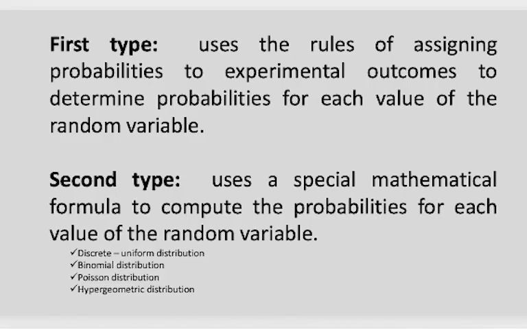This could be further divided into four parts: the discrete uniform distribution, binomial distribution, Poisson distribution, and hypergeometric distribution. But this second type of assigning probabilities will be discussed in the next video. So for the meantime, let's focus on the first type, which is the manual assigning.